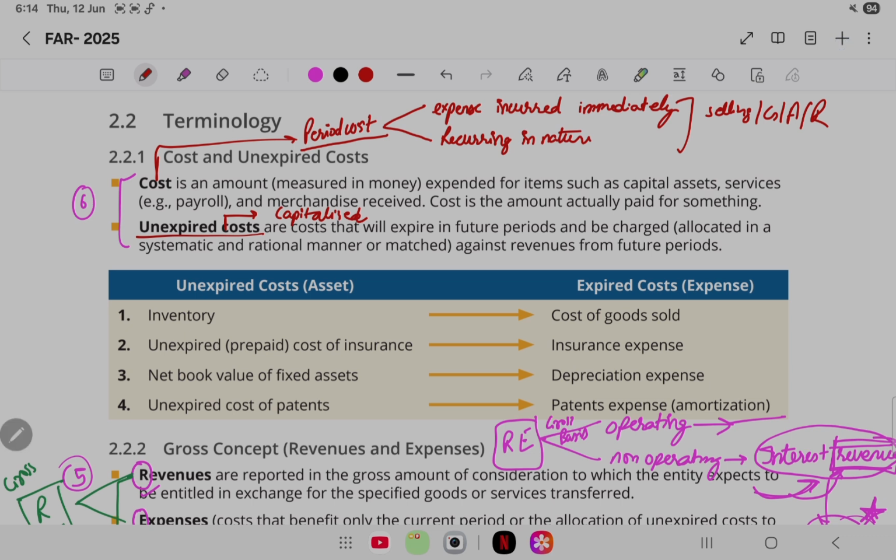And this type of cost will be expensed in future periods according to the matching principle. Let's take an example: assets are depreciated over time, keeping the useful life in mind.